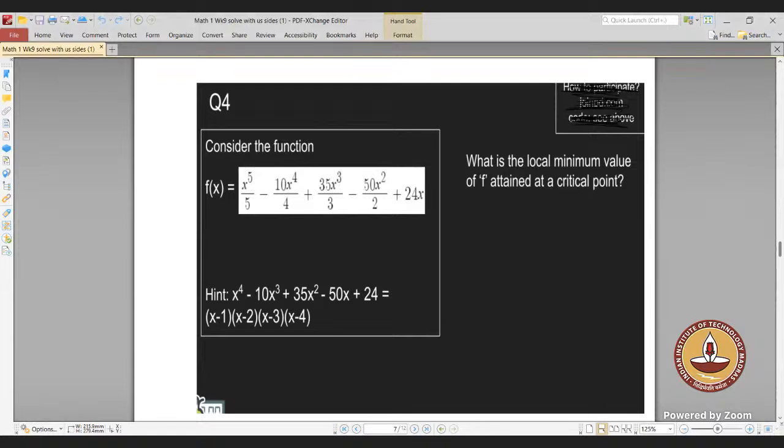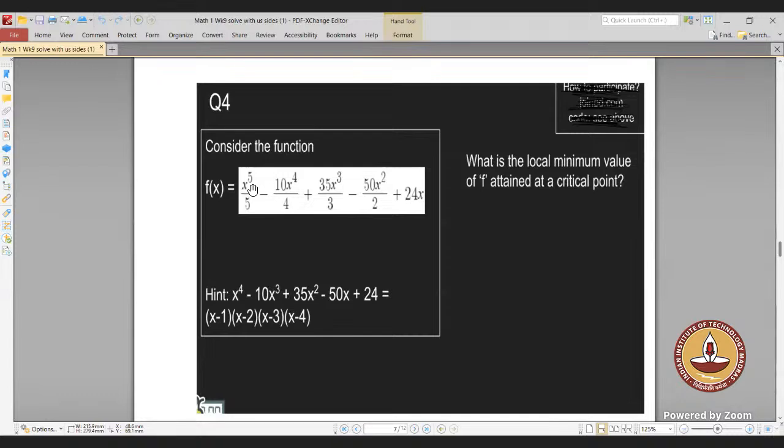But actually, if possible, you can plot this graph. I think you can factorize the f dash of x. It is kind of difficult to plot this graph, but you can also see that this is a polynomial. What is the degree of this? 5.